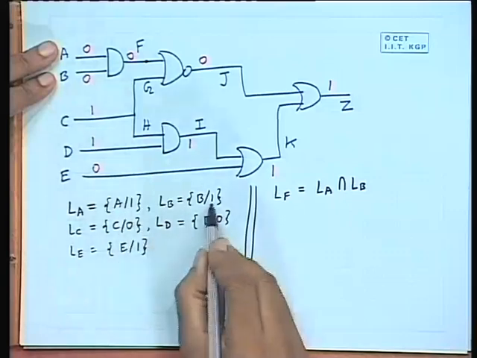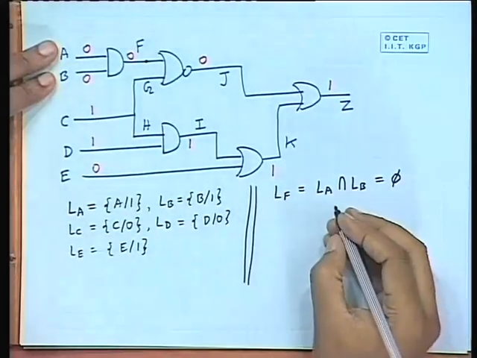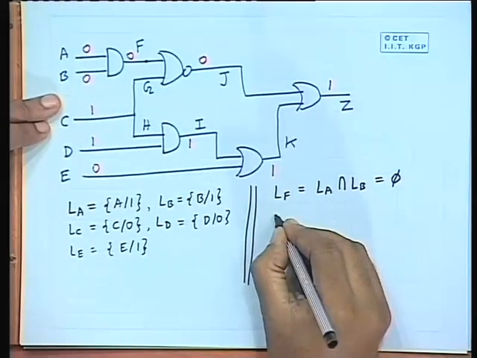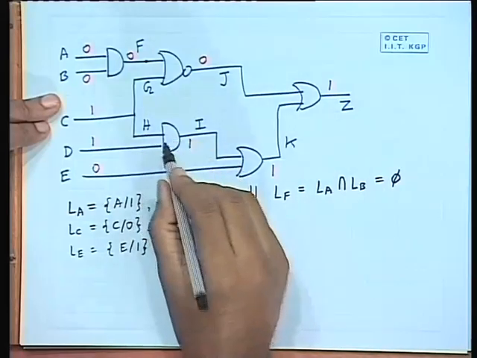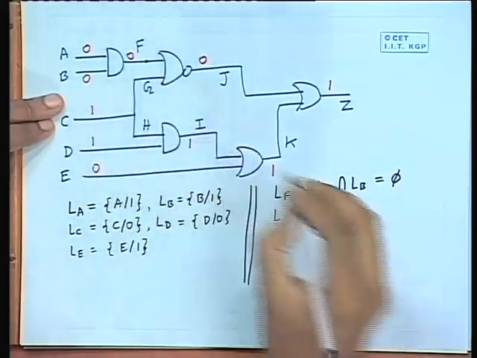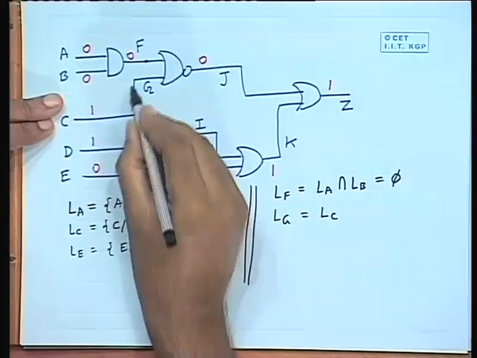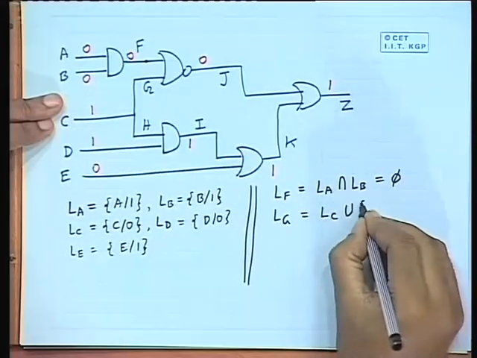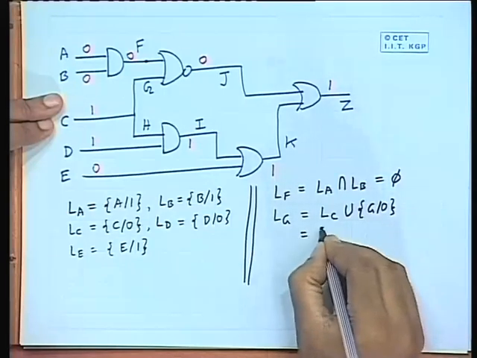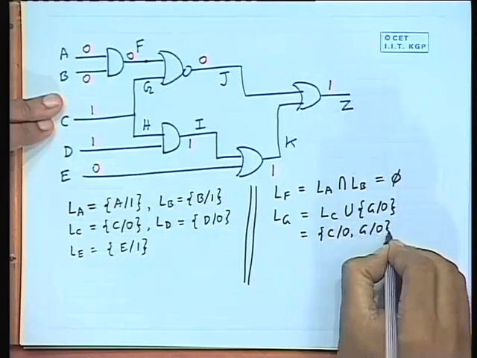Now, LA intersection LB there is nothing, so this set is phi, empty. Similarly, you can find out LG, for example. LG is a fan out stem though. So, it will be LC, the same, union an additional fault G stuck at 0. So, now it will be C stuck at 0 and G stuck at 0.